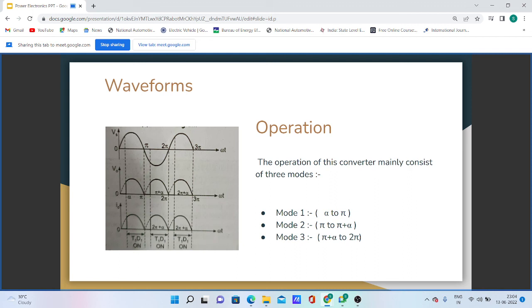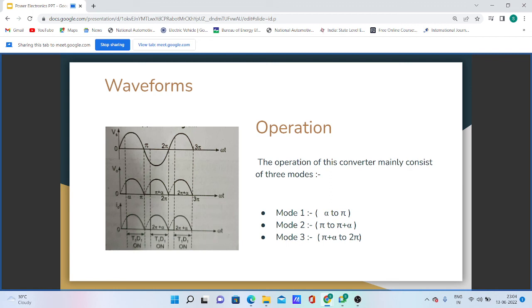In mode 3, that is pi plus alpha to 2 pi, at the instant omega t equals pi plus alpha, the supply voltage becomes completely negative. That is, during the negative half cycle of the AC input voltage, thyristor T2 and diode D2 are forward biased. Thyristor T2 is fired at omega t equals pi plus alpha.